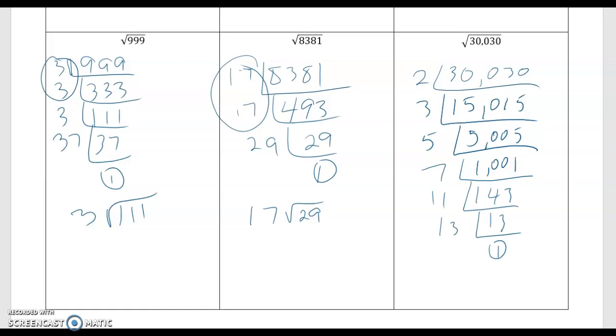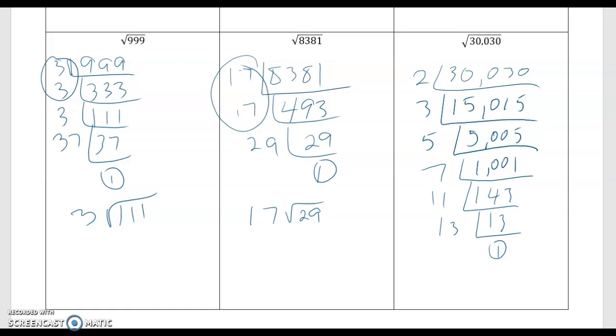Okay, gone through all the way. 2, 3, 5, 7, 11, 13. Those are the prime factors of 30,030. In other words, each of the first 6 prime numbers are factors of this value. Now, I'm looking for pairs, and I'm not seeing a single pair. I see singletons.